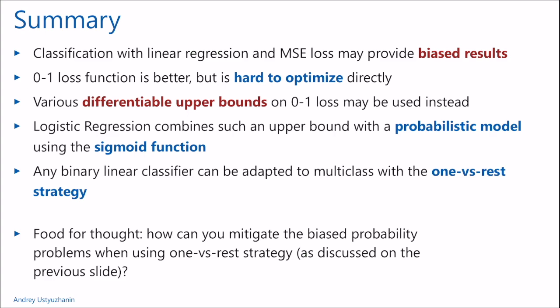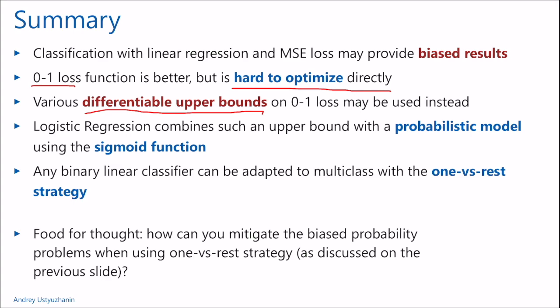We considered a classification problem with linear regression and mean squared loss, and we saw how biased such a solution could be, and examined the 1-0 loss function, which looks better, but it's hard to optimize directly. Instead, we introduced upper differentiable bounds for the 0-1 loss that can be optimized instead.